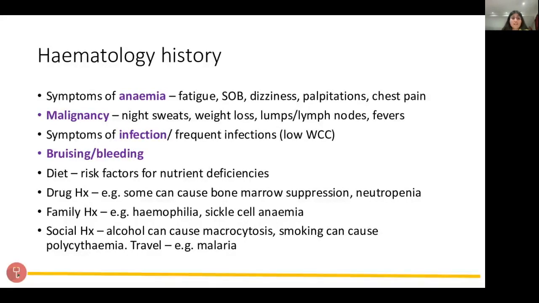And then the other thing is symptoms of infection. So in lots of different heme disorders, which we'll talk about, patients can often get either a low white cell count or a very high white cell count. But regardless, those can be indicative of some sort of infection or bugs going around. So ask, in the last year, how many times have they been ill with coughs and colds and things like that?